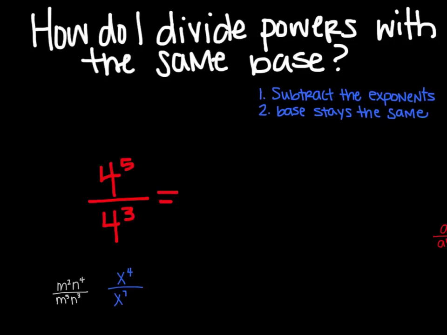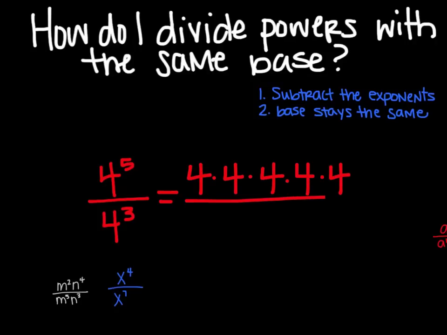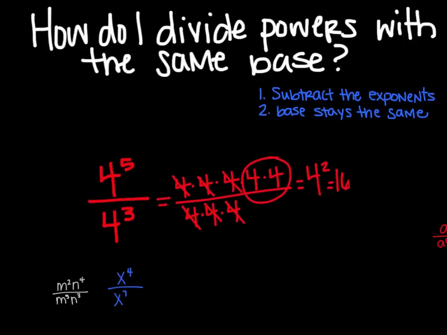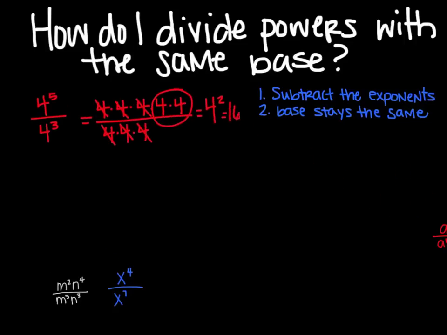If you expand this out, so 4 times 4 times 4 times 4 times 4 over 4 times 4 times 4, what's happening here is that these will cancel out, because when you have the same thing in the numerator and the denominator, they eliminate each other out, and you're left with 4 times 4, which would be 4 squared, and then that is obviously 16, but that's the reasoning behind why it works the way it does.